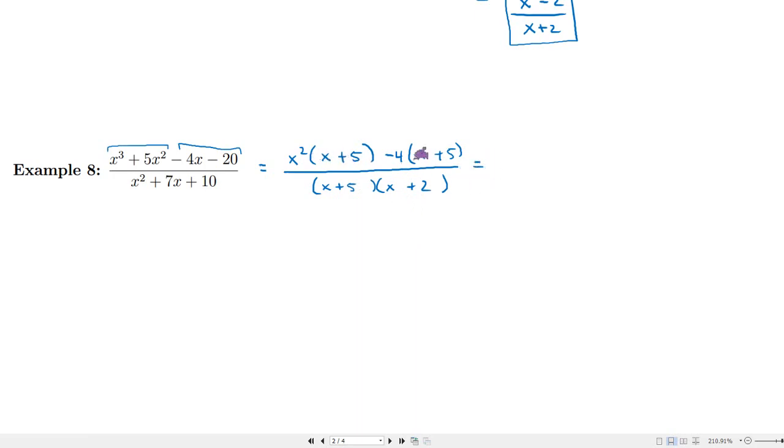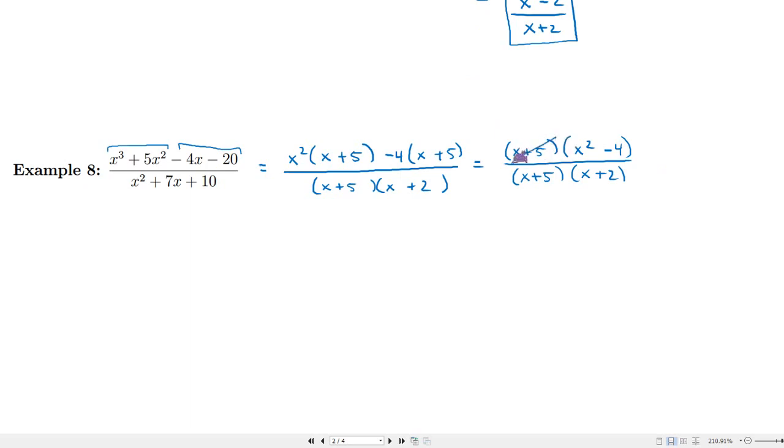We can now further factor, and we have x plus 5 times what's left over, x squared. Right? I'm factoring this out of this whole term, and I'm left with an x squared. Factor x plus 5 out of this, and we are left with a minus 4. And x plus 5, x plus 2.